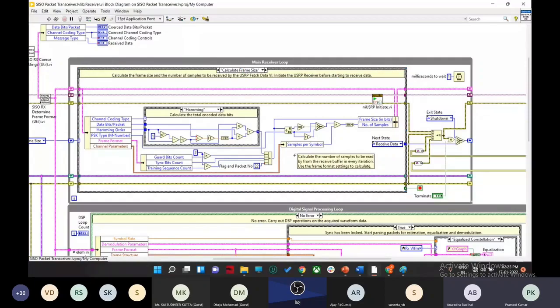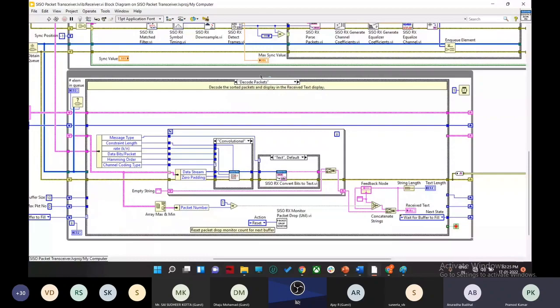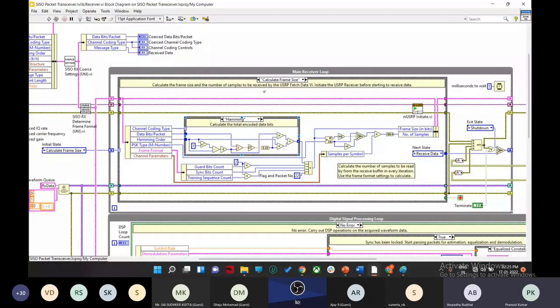Here, first it is a state diagram where the initial state is calculate frame size. Initially we calculate the frame, like how many guard bits there are, how many sync bits there are, and the training sequence. The information will be given by us so that the receiver knows how much data it needs to retrieve from the transmitted signal, and then we initiate the signal.